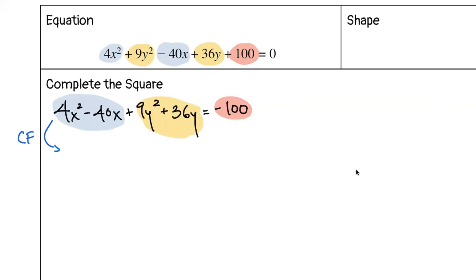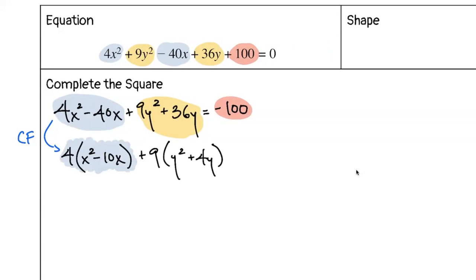So for the x's, I can factor out a 4: x squared minus 10x, plus, what does the y term look like? 9 parentheses y squared plus 4y parenthesis. Perfect.